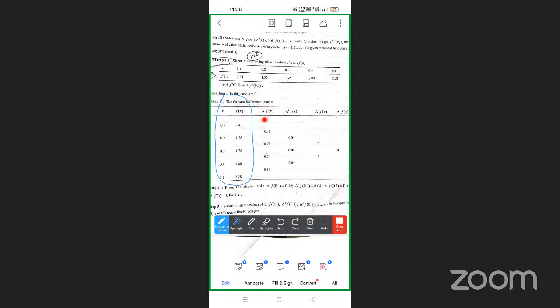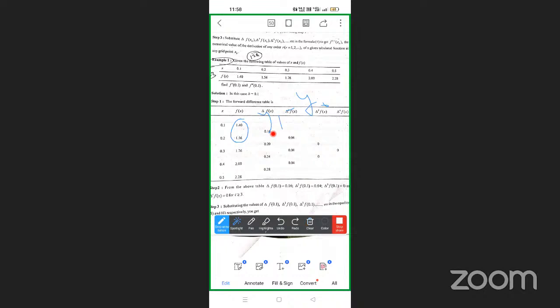So how do we find delta? Delta f of x is the difference between consecutive values: y1 minus y naught, where these are x naught, y naught and x1, y1. So 1.56 minus 1.40 is 0.16.